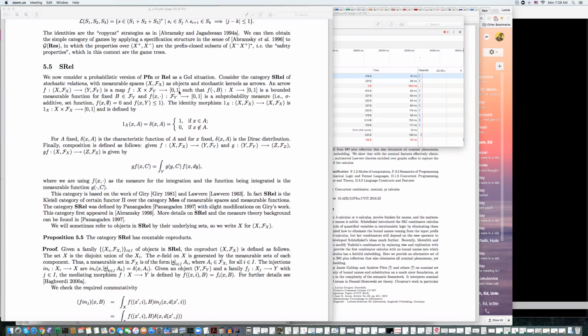Given that pair, it gives you a number between 0 and 1. And there are some constraints on the kinds of maps that you admit. If you fix a subset in Fy, you now have a one-argument function, and this one-argument function has to be a bounded measurable function.